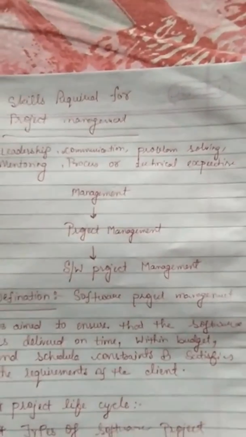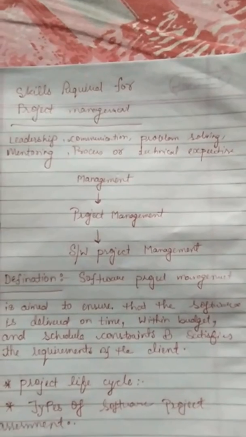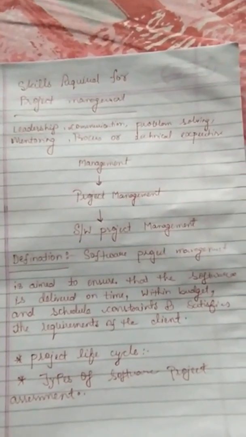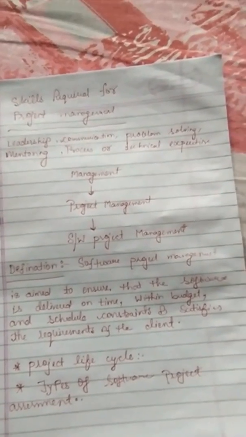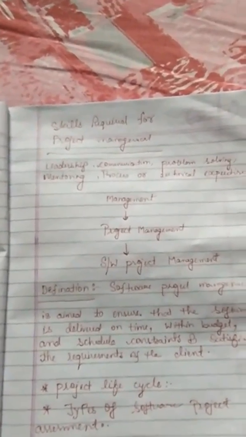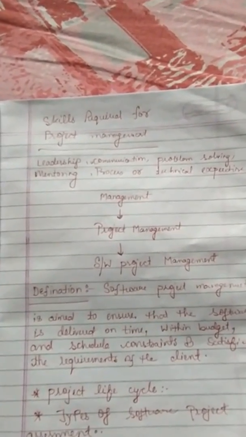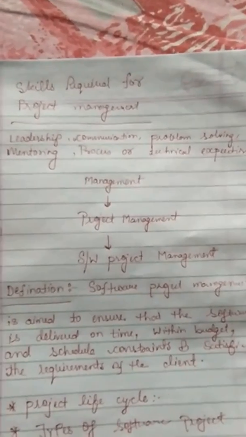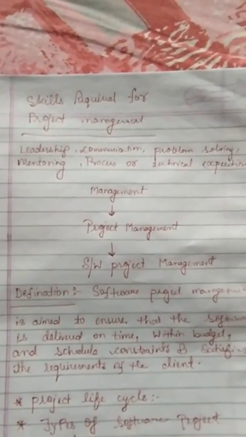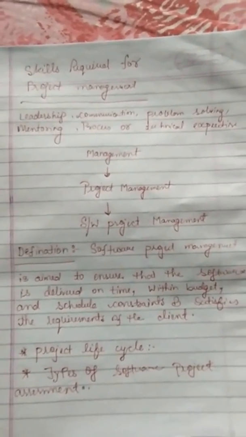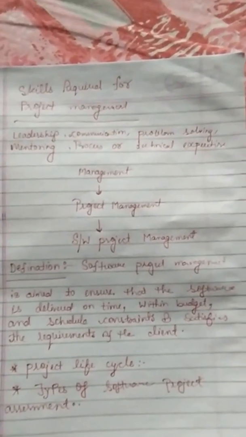Further in this topic are the skills required for project management. The person who has taken the responsibility of project management, the actual software project manager, has qualities to monitor a project. Such skills are leadership, meaning the skill to lead the team.